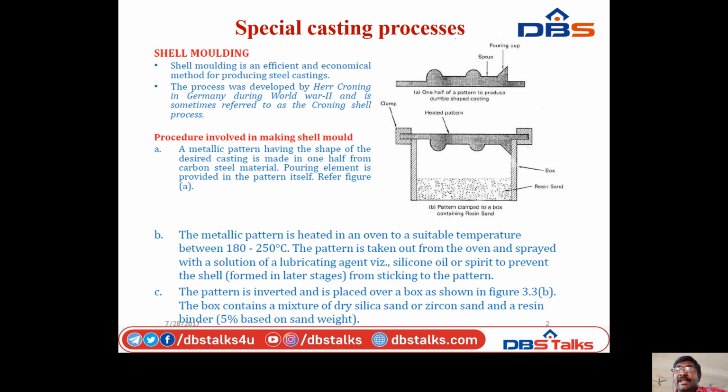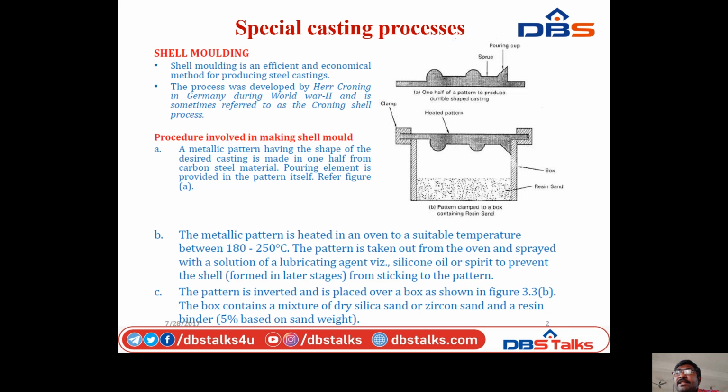Procedure involved in making a shell mold. A metallic pattern having the shape of the desired casting is made in one half from carbon steel material. The pouring element is provided in the pattern itself, from figure A. The metallic pattern is heated in an oven to a suitable temperature between 180 and 250 degrees centigrade.